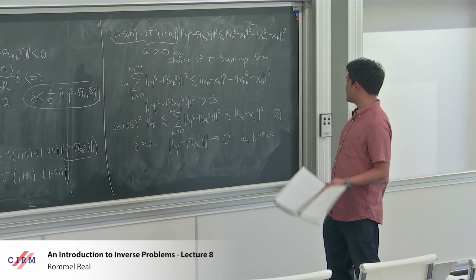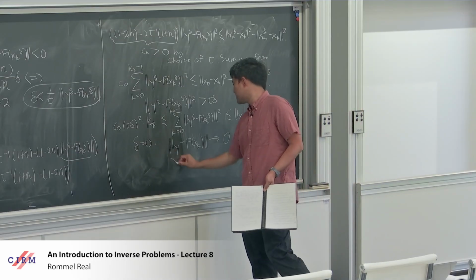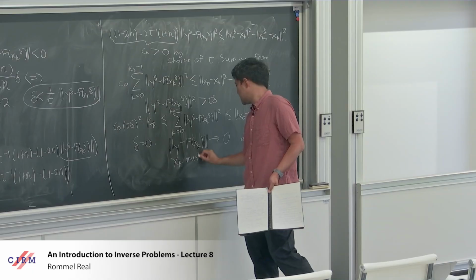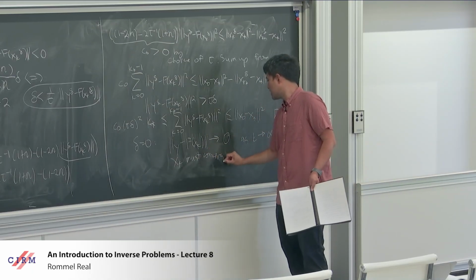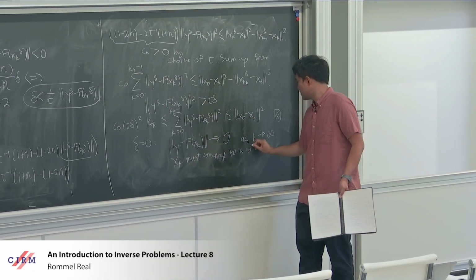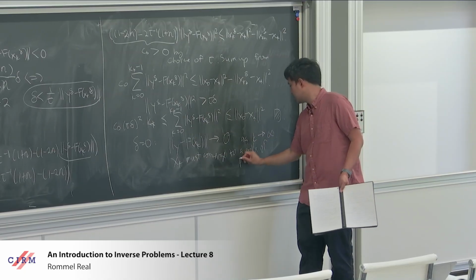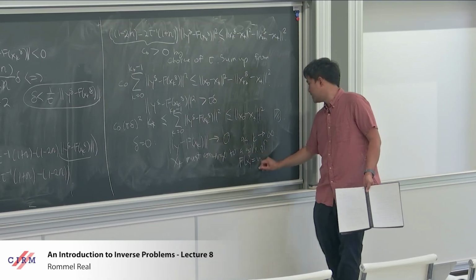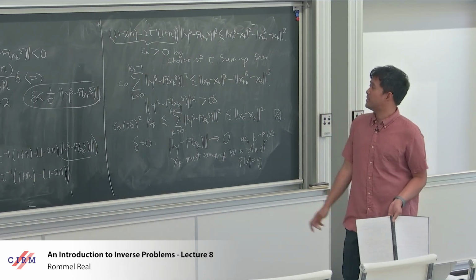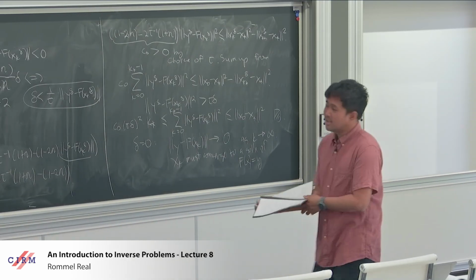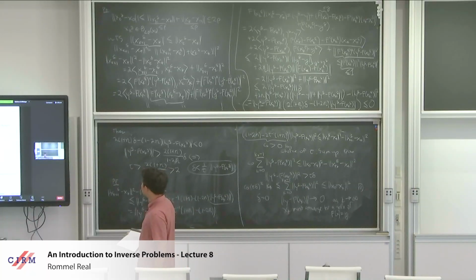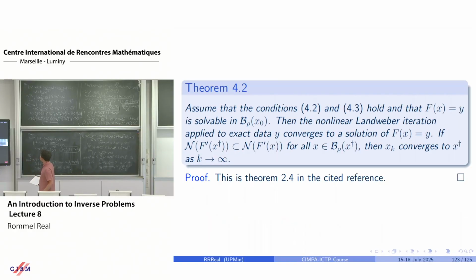So in other words, x sub k must converge to a solution of our nonlinear equation over here. So we know that the discrepancy principle is well defined. Now we are ready to prove the convergence in the exact case. Let's have a look at the proof of this one.